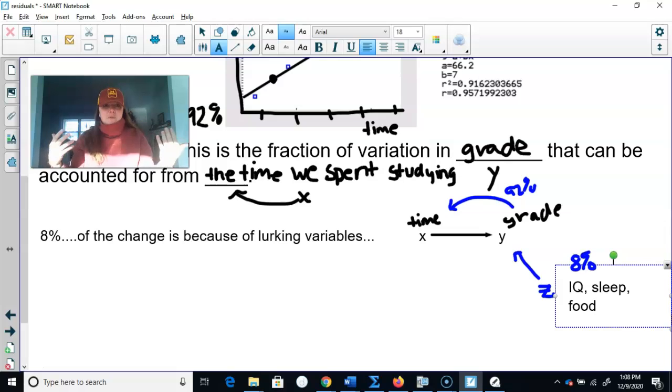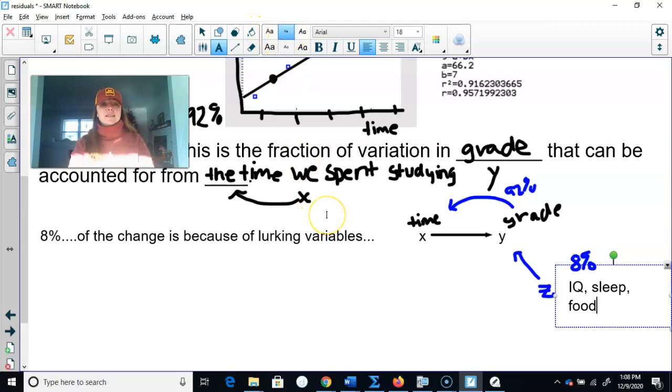How many of you are maybe having relationship issues, whether with your mom, dad, brother, sister, boyfriend, girlfriend, and you think that maybe affected your grade? What we're saying is that 8% of the change in the grade is not because of how much time you spent studying, but maybe because of some other factors influencing your grade. That's called a lurking variable.